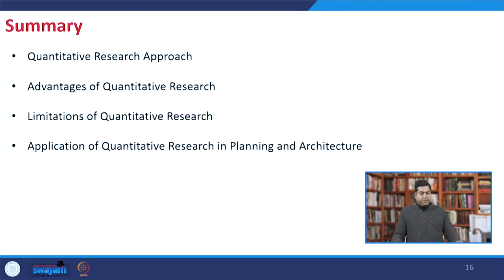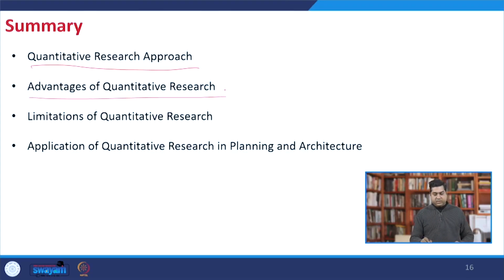To summarize this lecture, we have understood the quantitative research approach, a systematic approach of collecting and analyzing numerical data, providing insight about the data, and also helping to predict for the population.